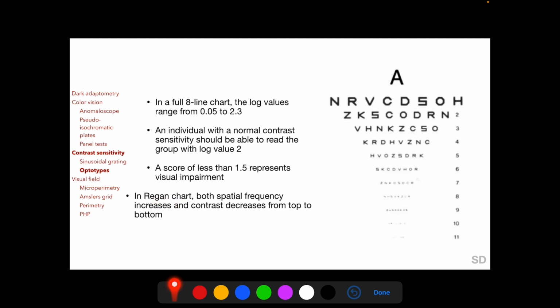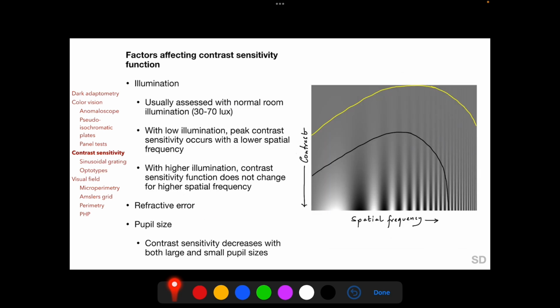And in the Regan chart, both spatial frequency increases and contrast decreases from top to bottom. Factors affecting contrast sensitivity function include room illumination, which as we have mentioned also affects color vision testing. And contrast sensitivity should be tested with a normal room illumination.